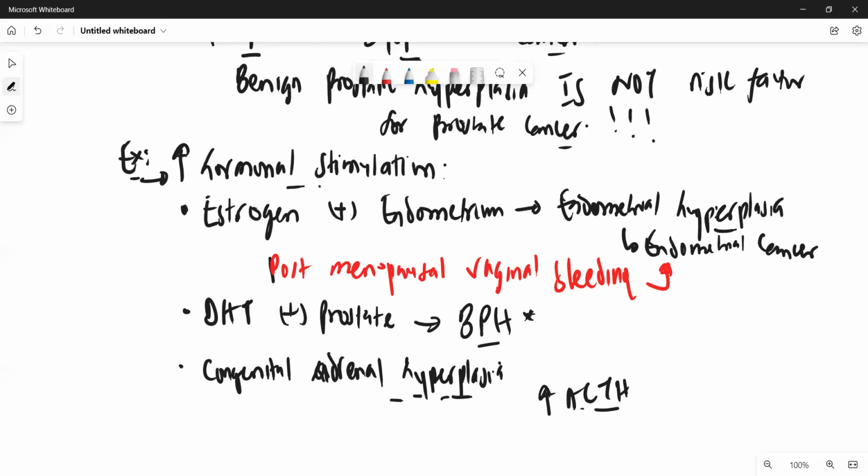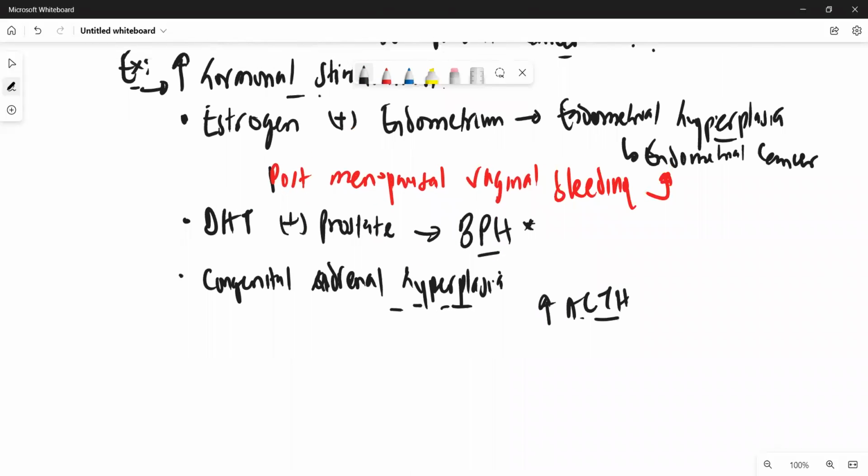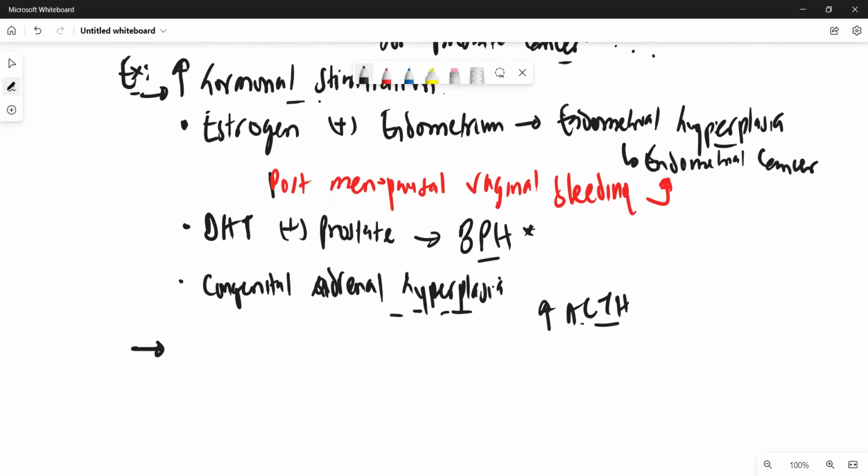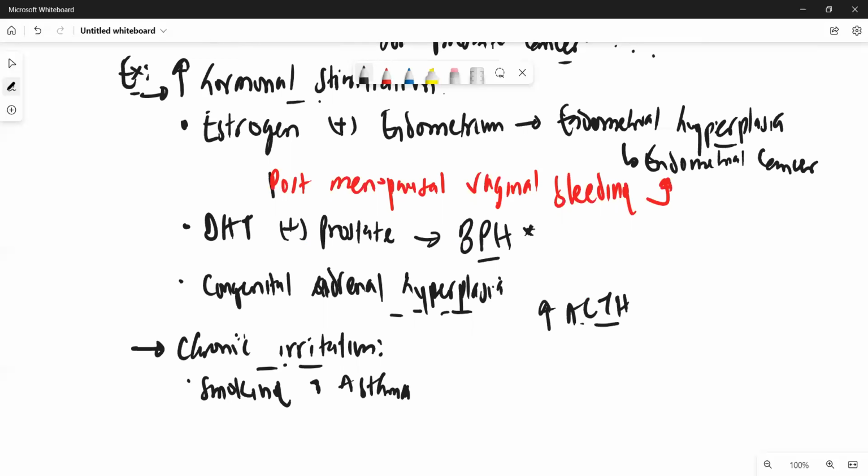And when we talk about endocrine, we're going to see a lot more examples of hormonal stimulation leading to hyperplasia. So another example of hyperplasia apart from hormonal stimulation would be chronic irritation. For a chronic irritation example, you can talk about smoking, or a patient who has asthma, with constant exposure to the allergen that is irritating and exacerbating their asthma.